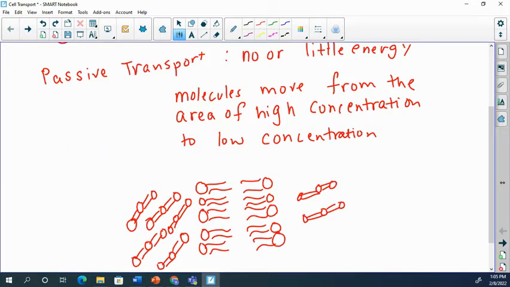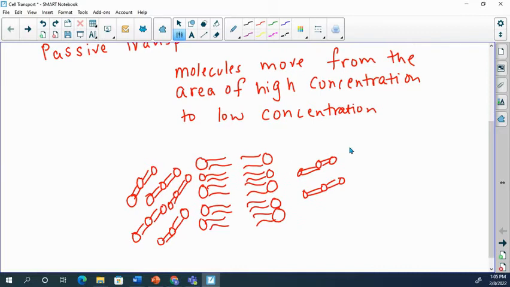So in passive transport, molecules always go from an area of high concentration to an area of low concentration. So in this case, molecules will travel in this direction. They will transfer till the equilibrium point is reached. The equilibrium point is a point where there are equal numbers of molecules on both sides.